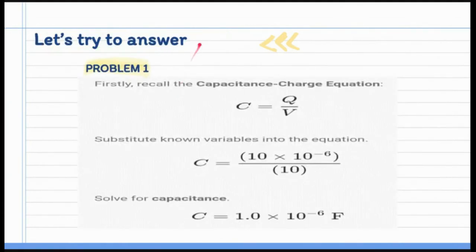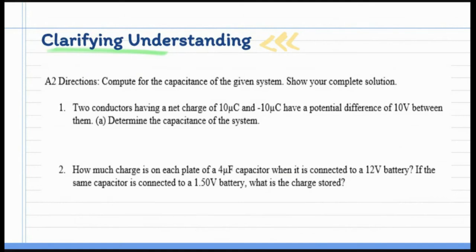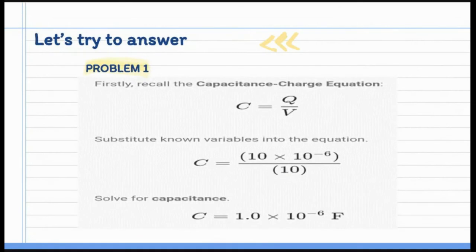So if we substitute Q with 10 times 10 to the negative 6, if we convert 10 microcoulombs to coulombs, we have 10 times 10 to the negative 6 coulombs divided by the amount of electric potential exerted to the capacitor or the conducting plate, which is 10 volts.